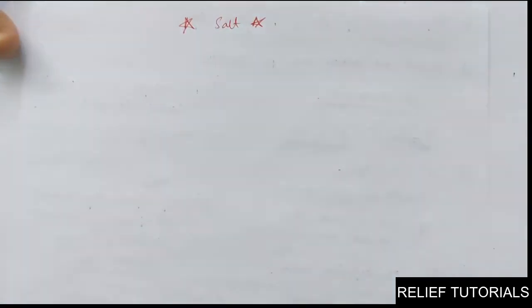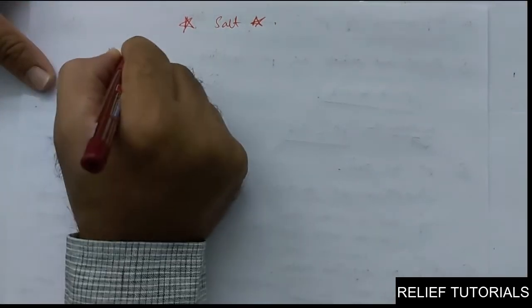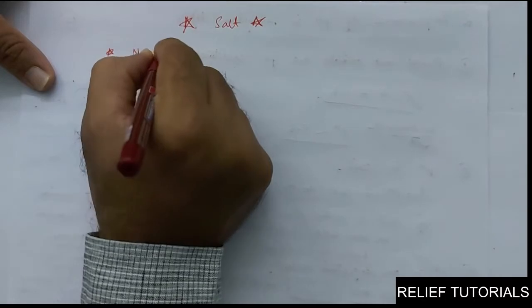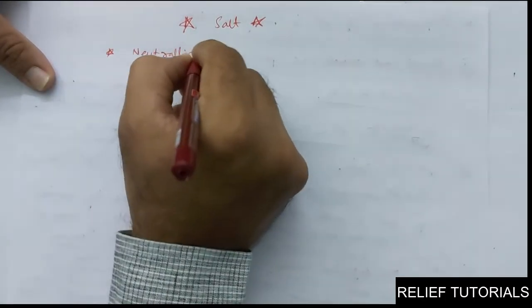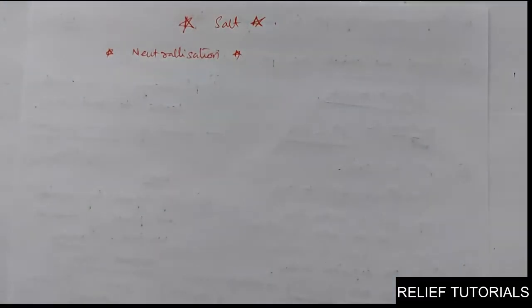What is salt? We know that if a solution liberates H plus ion, that is an acid. If a solution liberates OH minus ion in its aqueous solution, that is a base. But what about salt? Salt is normally obtained by the neutralization reaction of acid and base.